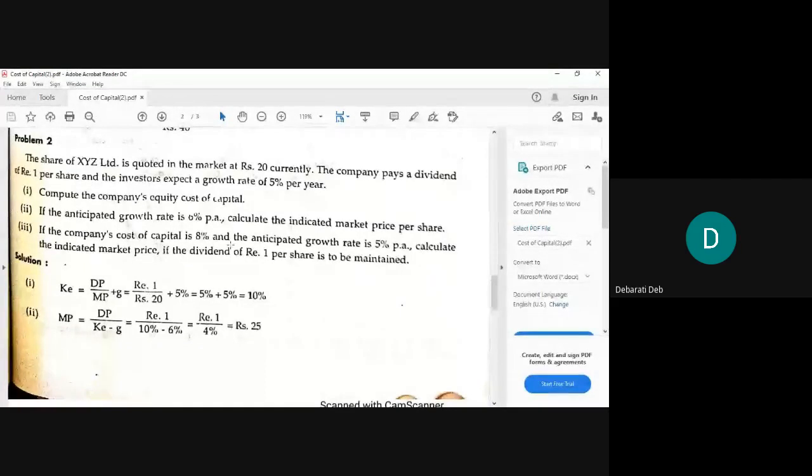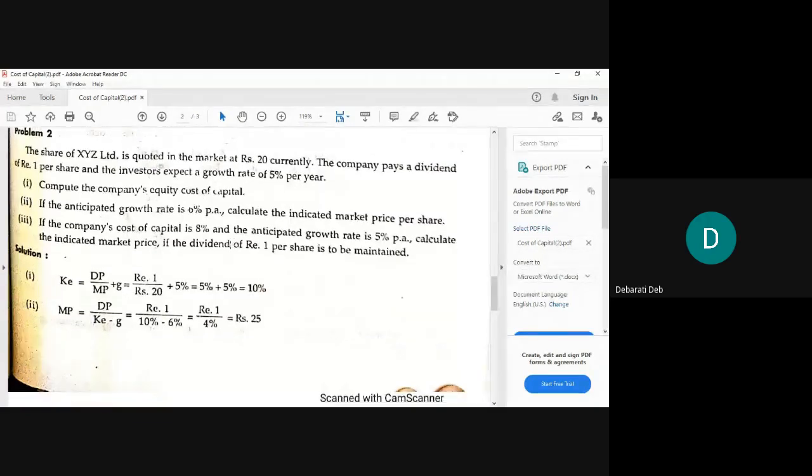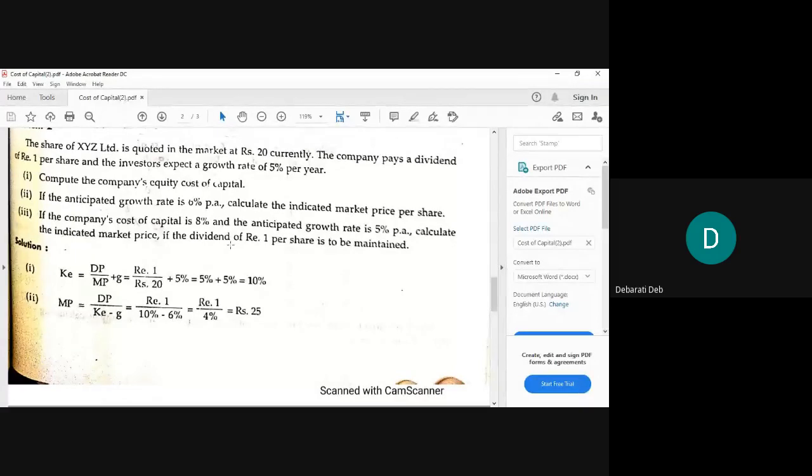So what will you get? 1 by 20 means 0.05, plus 0.05. So you will get 0.10. 0.10 means 10%. So your cost of equity share capital is 10%.